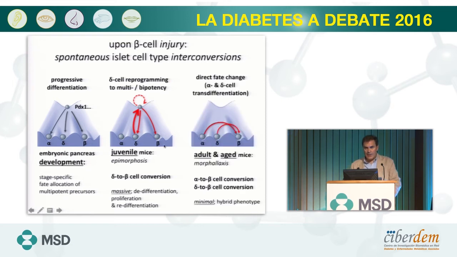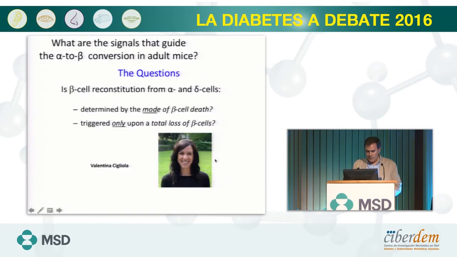In adult mice, what happens is the morphallaxis process, and it concerns not only alpha cells, but also delta cells. About 1 or 2% of the alpha cell population and 1 or 2% of the delta cell population in adult mice undergoes this direct conversion, so that they become bihormonal, they co-express glucagon and insulin or somatostatin and insulin before becoming fully insulin expressors.